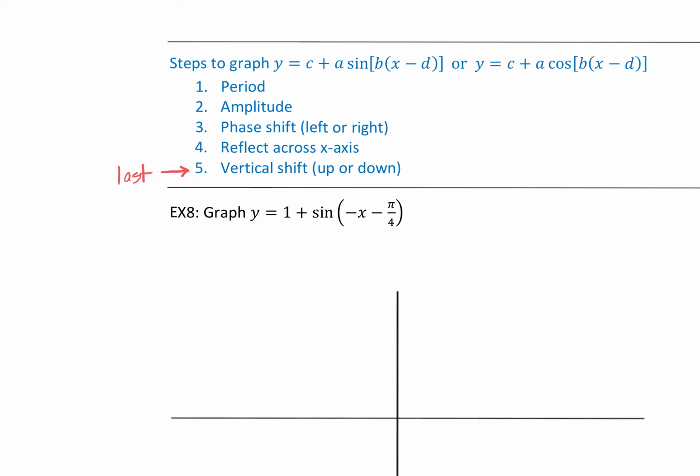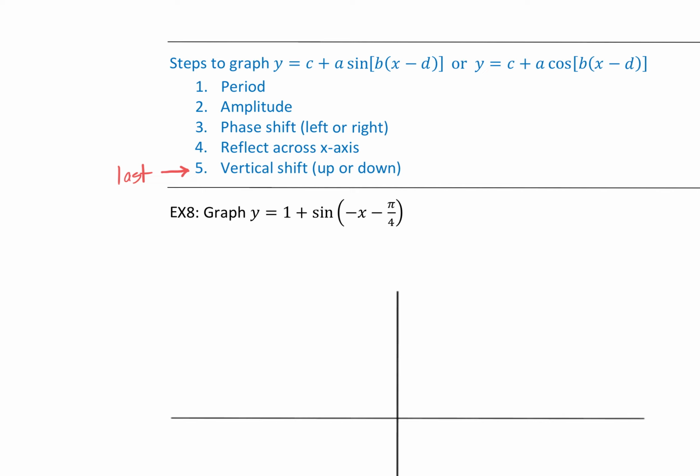I will typically do period and amplitude first because that's just a matter of relabeling my x and y axis and sketching that initial graph. And then I'll do a phase shift left or right next, and then I'll do my reflection across the x-axis. But really, you could reflect across the x-axis first and then do a shift left or right.